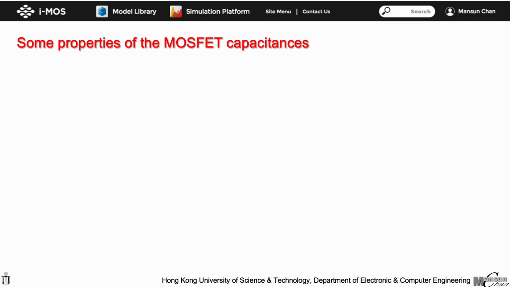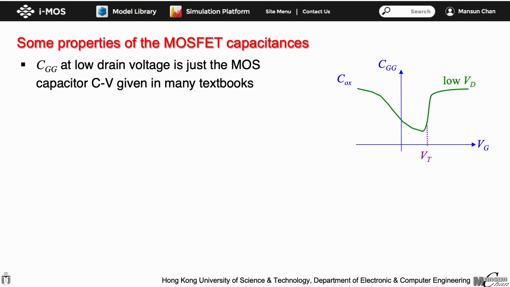We first look at CGG. At small VD close to the source voltage, we can treat the source, drain, and body terminals as ground. When we measure the gate capacitance as a function of gate voltage, CGG is just the classical MOS capacitor given in many textbooks.